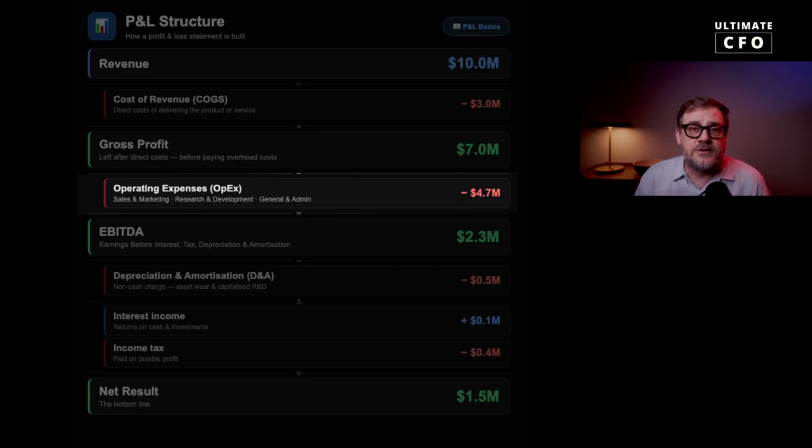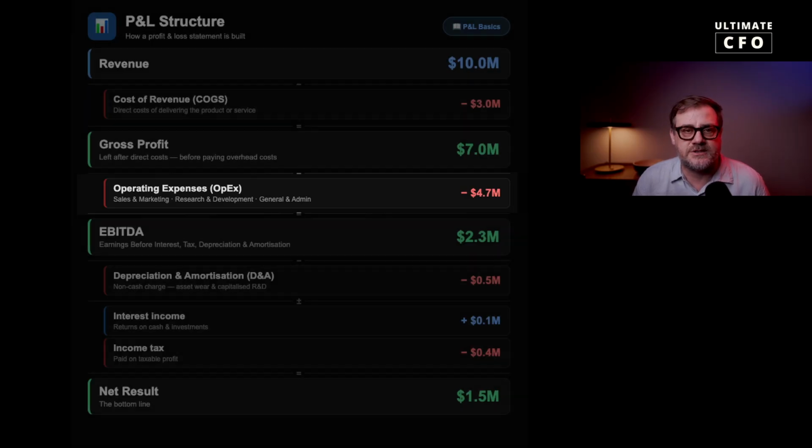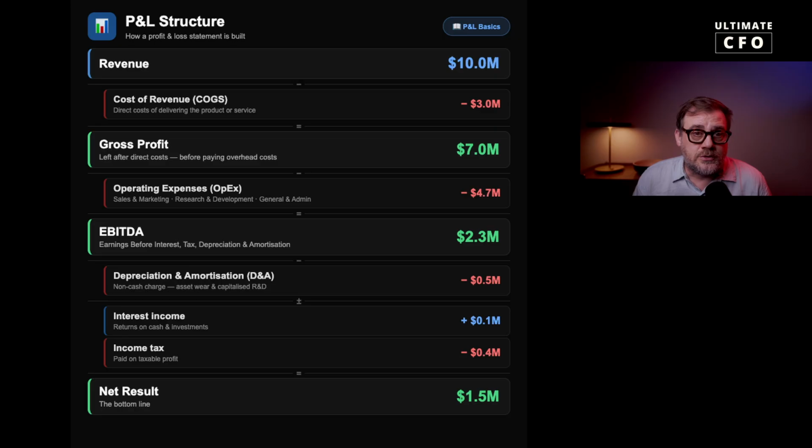That last segment usually includes things like finance, legal, HR, office costs, etc. Now, some alternative P&L formats would instead show a breakdown like salaries, professional services, and other expenses instead of sales, marketing, R&D, etc. However your OpEx is structured, you take that number, you subtract those costs from gross profit, and you get your operating profit.